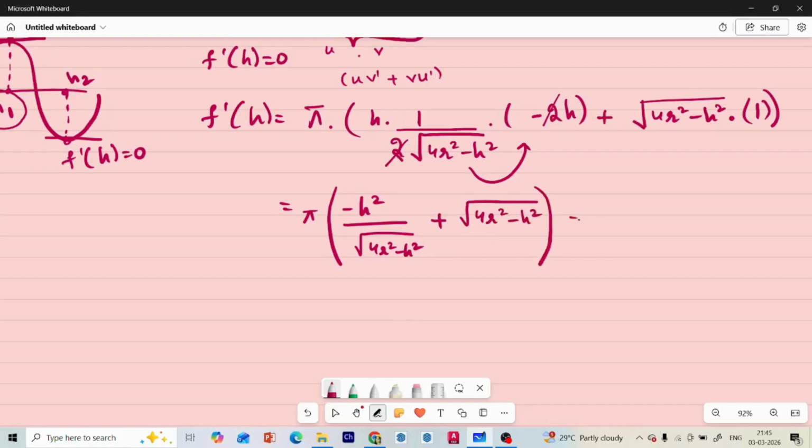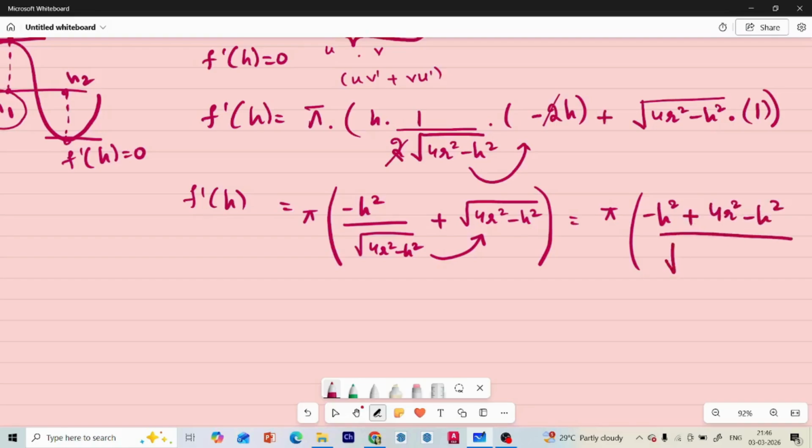Okay, so here we can take the LCM. This is f dash H value: pi into, if you take the LCM, multiply root x into root x, the root gets multiplied out. So you will just end up getting 4R square minus H square by root over 4R square minus H square.